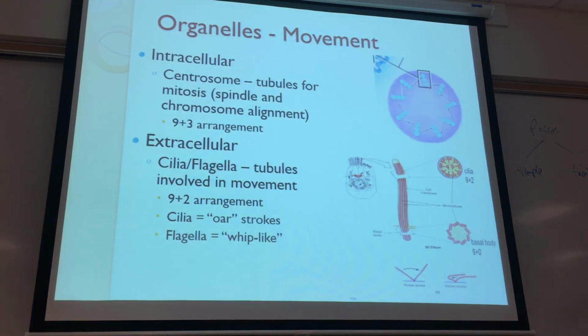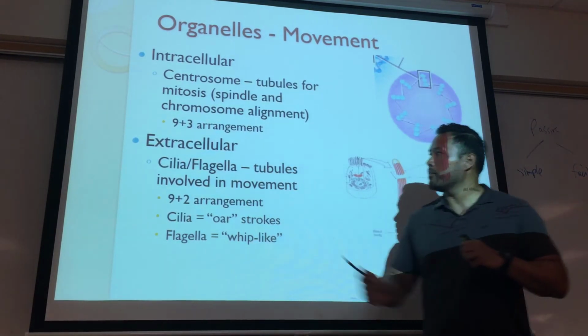Now, looking at these organelles for movement, we have intracellular and extracellular organelles that are specifically geared for movement within the cell or the outside of the cell. You'll see centrosomes. Centrosomes are built inside the cell to allow for an arrangement, and you'll be able to see this later on, an arrangement to allow mitosis, the splitting of the cell, to take place.